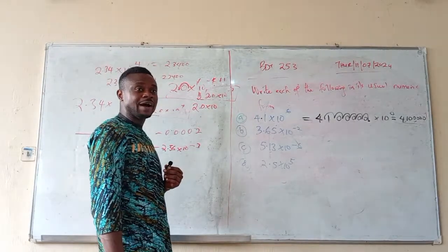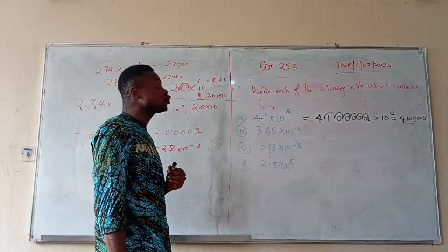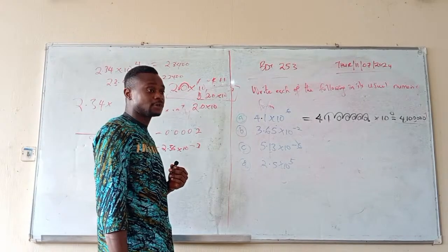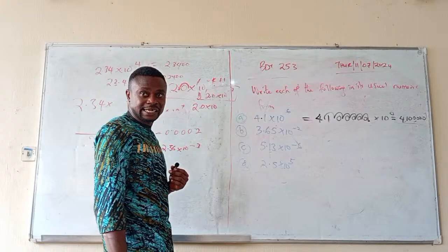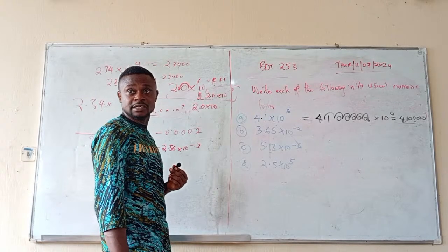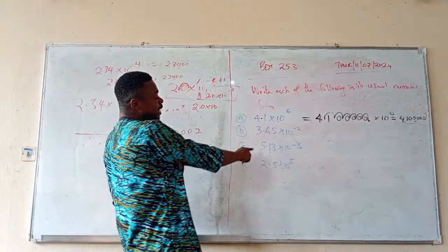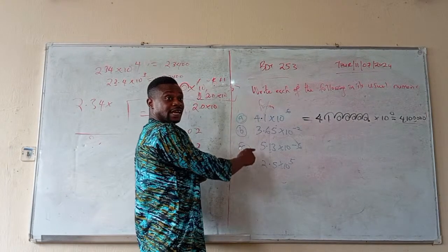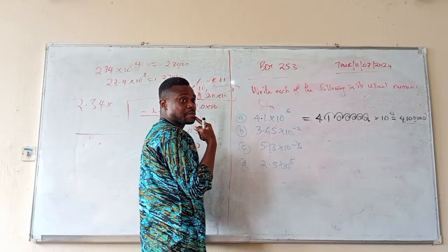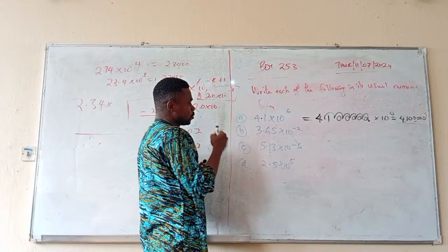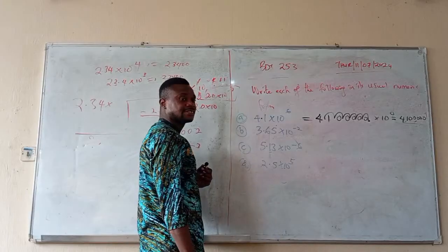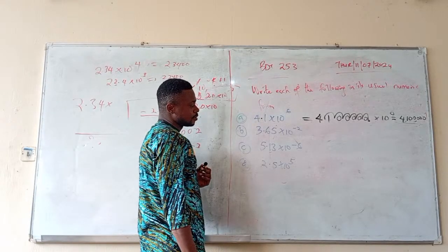So the first thing that should come to your mind is that you want to turn the power towards 0. To achieve that, it can be reduction, depending. It can be increment, depending. Now, let's look at this number. This is 3.65.